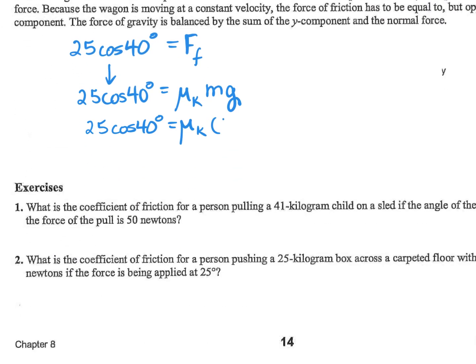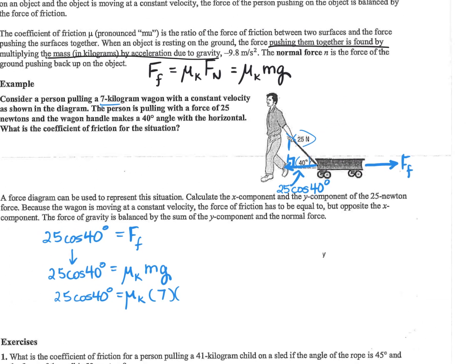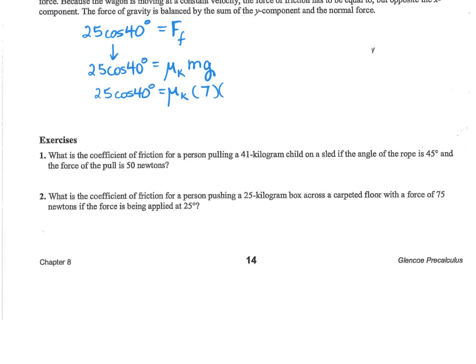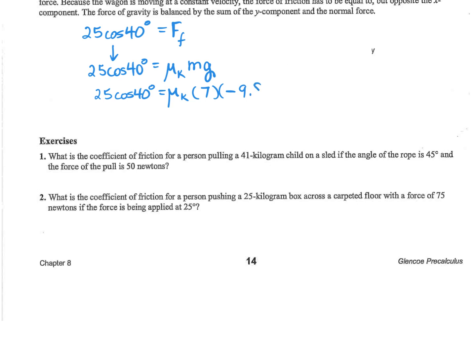And what's gravity? 9.8. So this is negative 9.8. In reality, though, we're just going to make it plus 9.8. We don't care about the negative, because they're equal, aren't they?